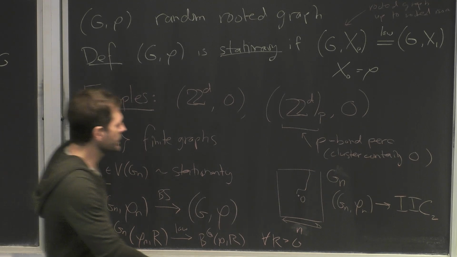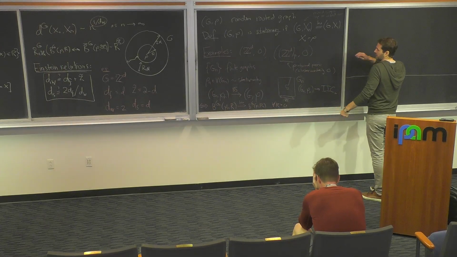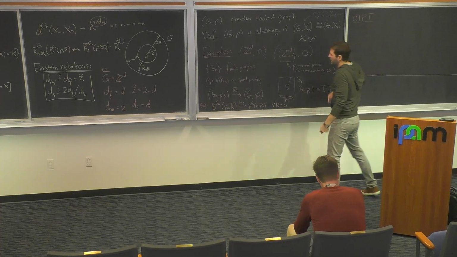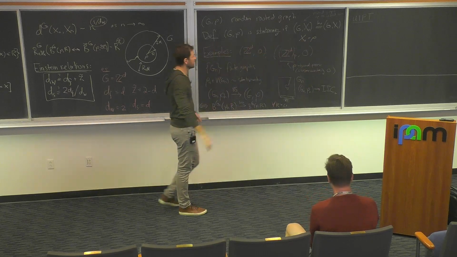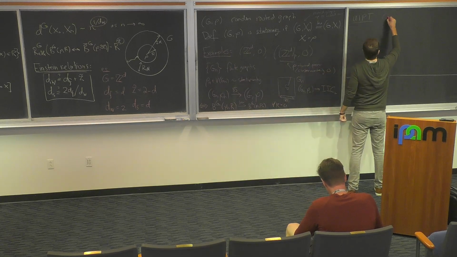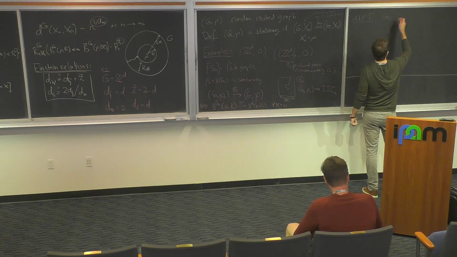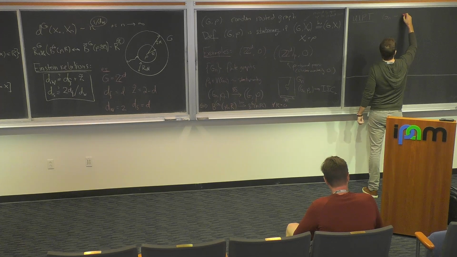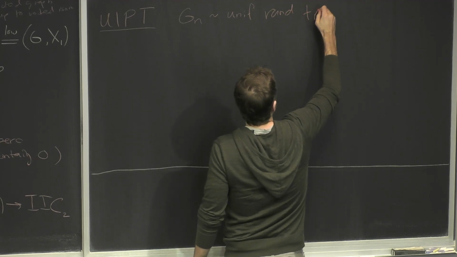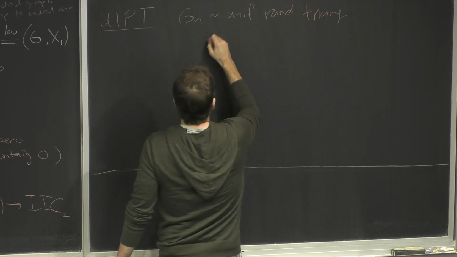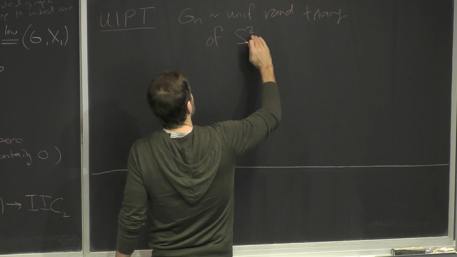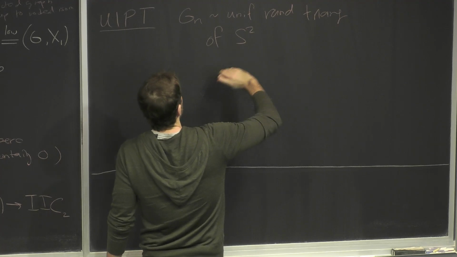Okay, and then there's one other very prominent example. I mean, there are many, but another example here would be the UIPT, the uniform infinite planar triangulation. Roughly speaking, one can take G sub n to be a uniformly random triangulation of the two-sphere.